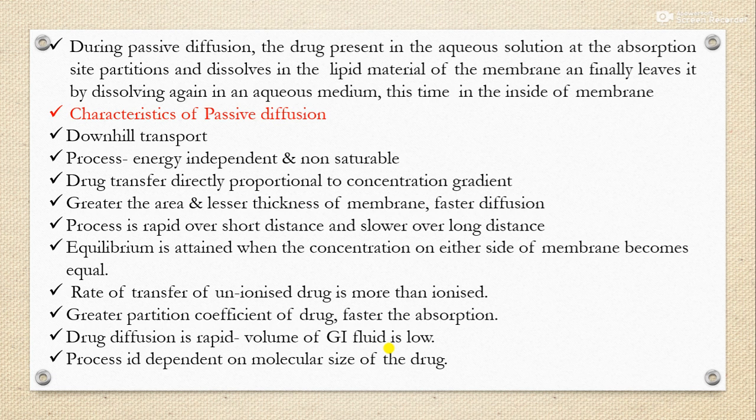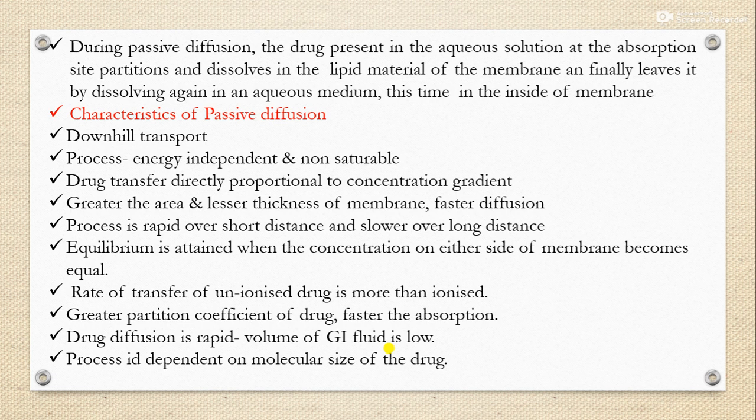The rate of drug transfer is directly proportional to the concentration gradient, that is C_GIT minus C. Greater the area and lesser the thickness of the membrane, faster will be the diffusion. The process is rapid over short distance and slower over long distance.